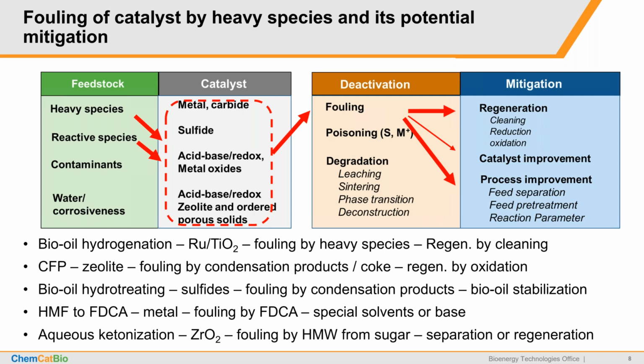Another unique example is the HMF to FDCA (furandicarboxylic acid) approach, where the FDCA formed will cause catalyst deactivation. This can be partly addressed by using special solvents for this process, so you can remove FDCA as soon as it is formed.